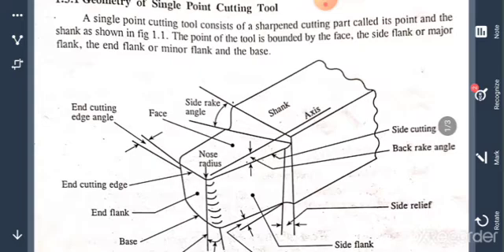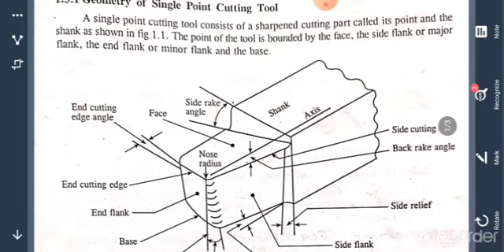To get the desired accuracy and surface finish on the workpiece you want to machine, the geometry of the single point cutting tool plays a very important role. The tool design engineers, or tool designers as you call them, use various parameters, or you can say terms, for manufacturing the single point cutting tool.